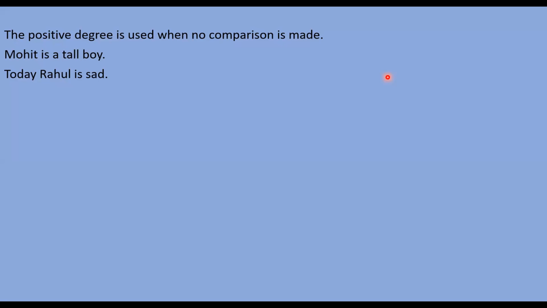So in that case we should use the positive degree. Next, it is an easy question. You can see that we are describing the question, that it is easy, right? So the word easy is here in the positive degree, and that is an adjective.